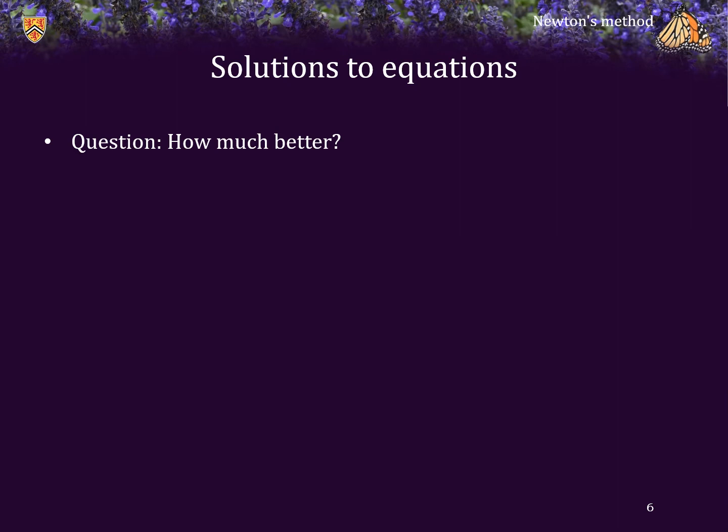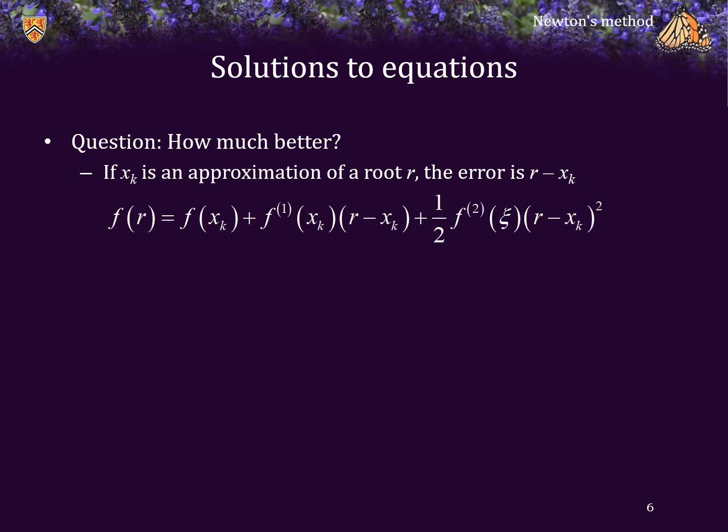Now, how much better is this approximation? Well, let us assume that the root is at the point x equals r. And x sub k being an approximation means that the error is r minus x sub k. Well, let's write down the full Taylor series expansion around the point x sub k and determine what it is at the point r, that is the actual root.